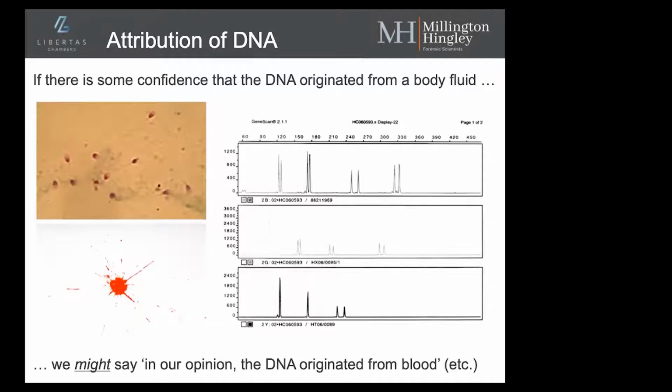And if we can do that with any certainty, as much as scientists can be certain, then we might say that, in our opinion, the DNA originated from the thing that was tested, from blood, from semen, etc. So attribution is almost like the first point.